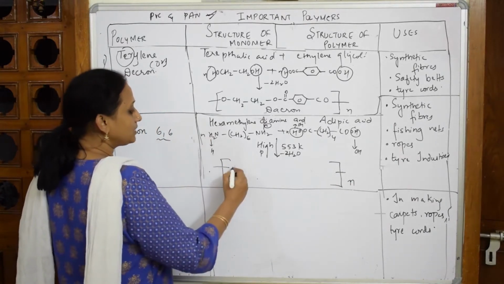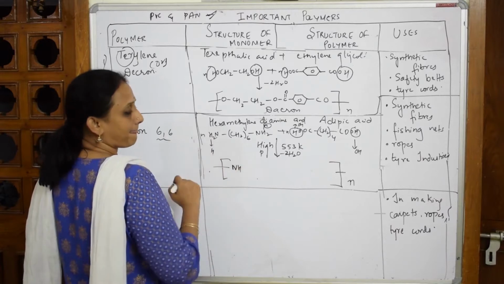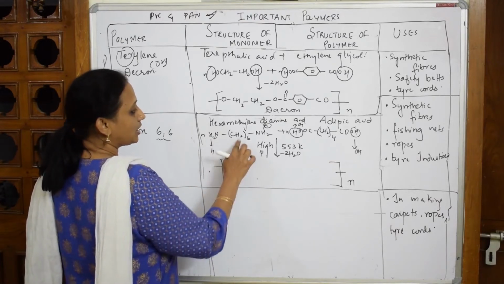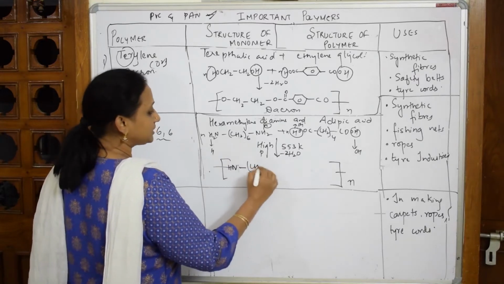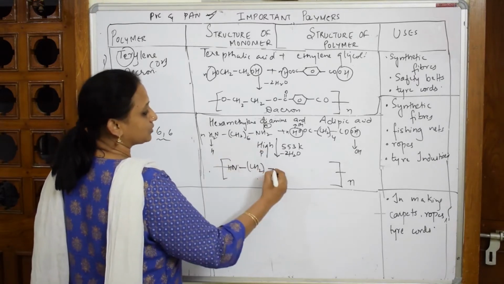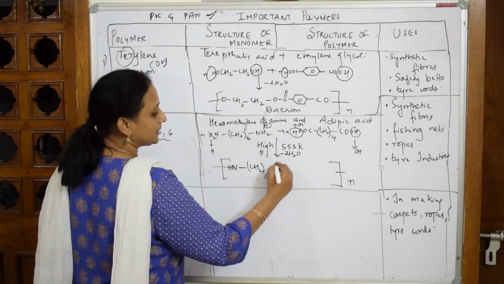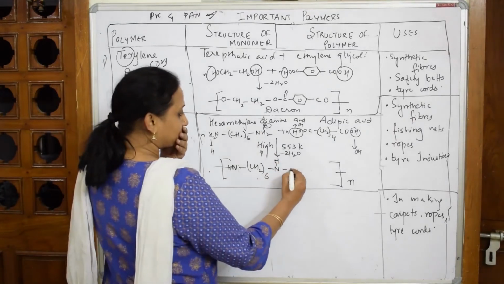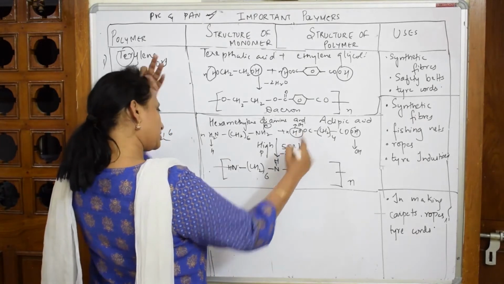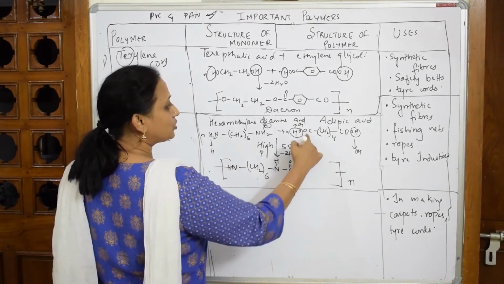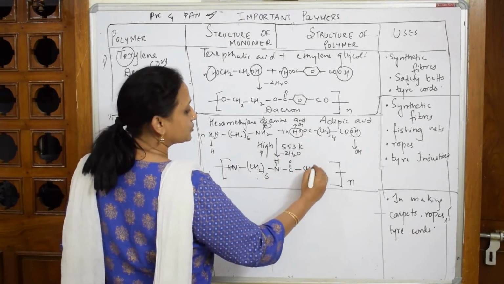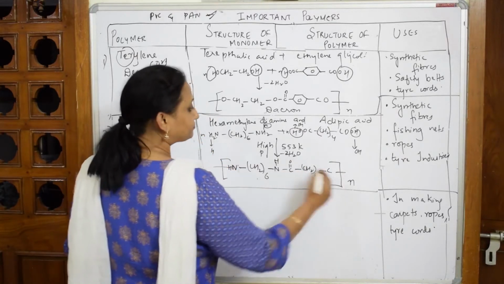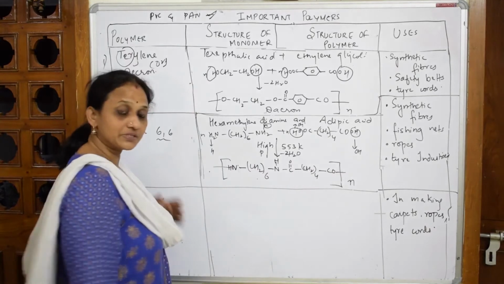Now first what happened? NH. Okay. You can write H also like this. NH. Yes. Then how many are there? CH2 taken 6 times. Now this N has become NH. Next, this all water is OH is lost. You're left with C double bond O. Then CH2 taken 4 times. Now C, O. Now observe carefully.